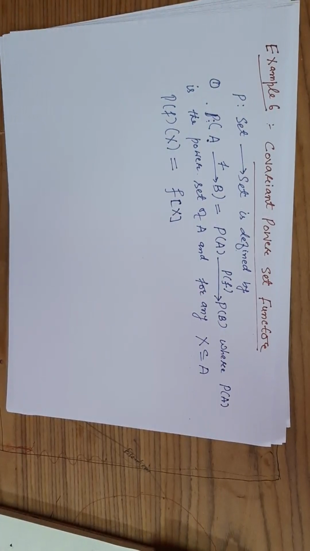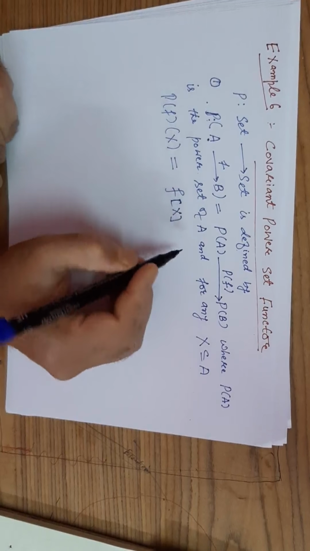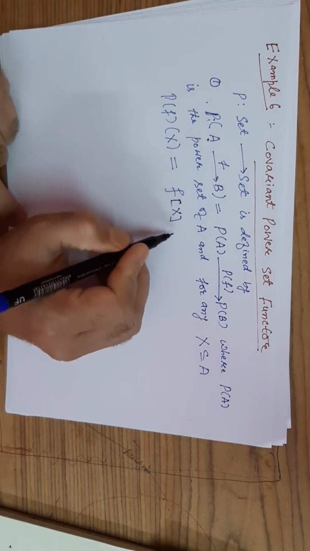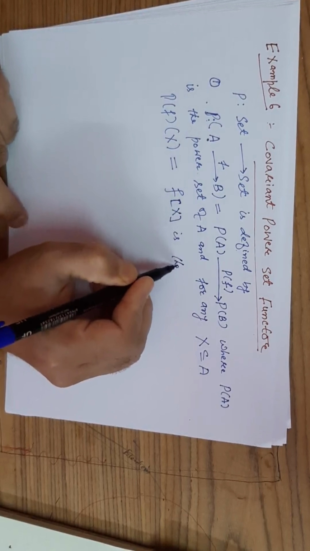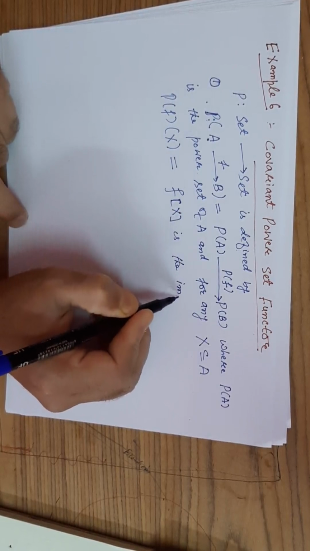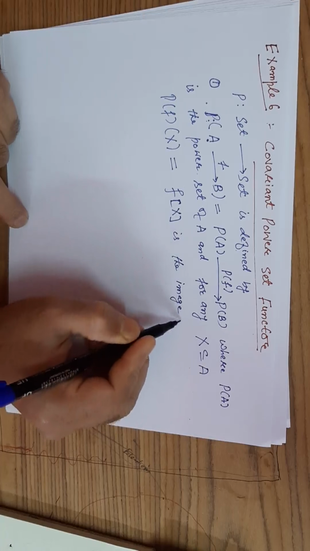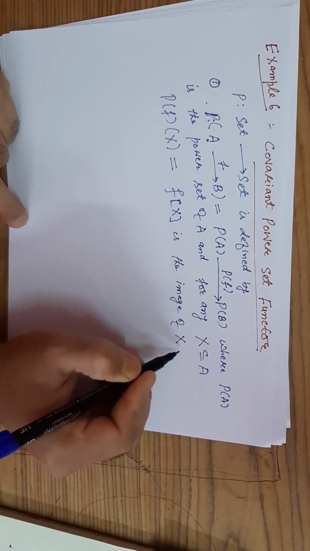This F of X is the image of X under F. So obviously it is a subset of B.